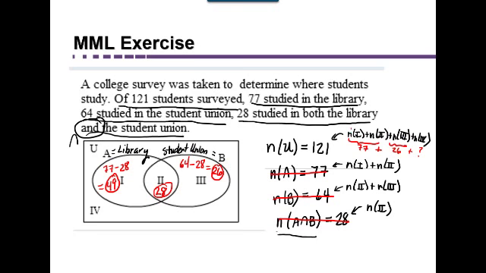So altogether, these three have 103, plus however many are in region 4 has to add up to 121. So 121 equals 103 plus however many are in region 4. So that means that the number in region 4, Roman numeral 4, is going to be 121 minus 103, which would be what, 18? So region 4 contains 18 elements.